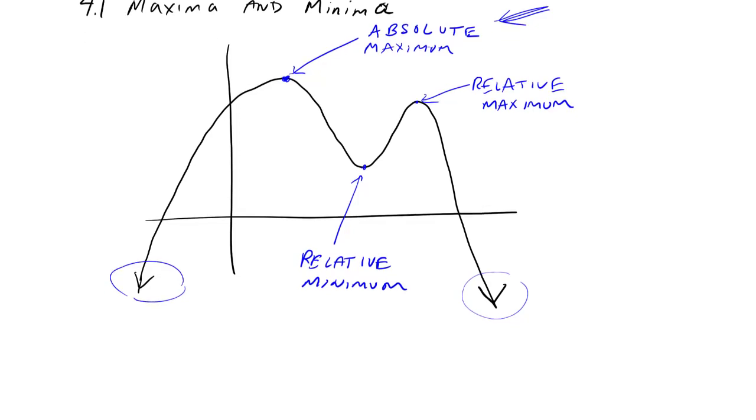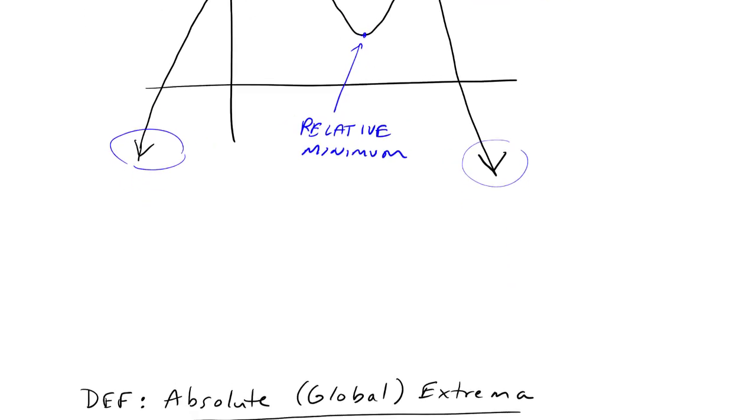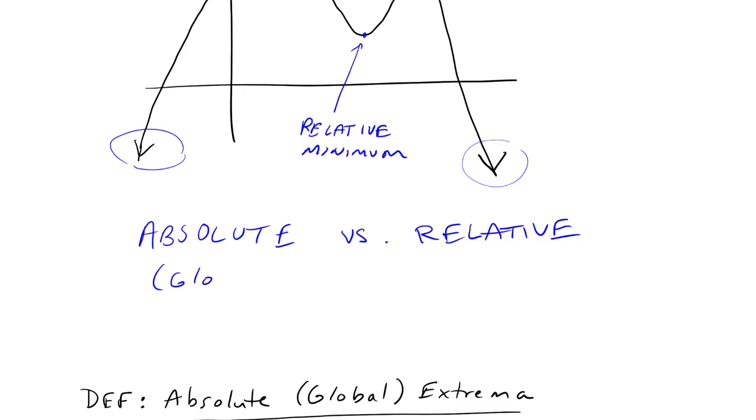So looking forward, we're going to have to distinguish between absolute and relative. And we're actually going to have some alternate terms for those: global for absolute and local for relative.